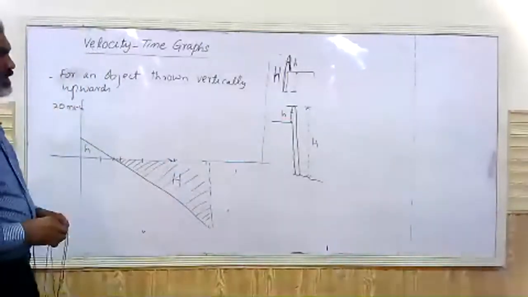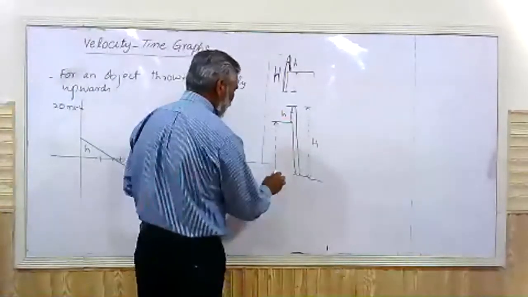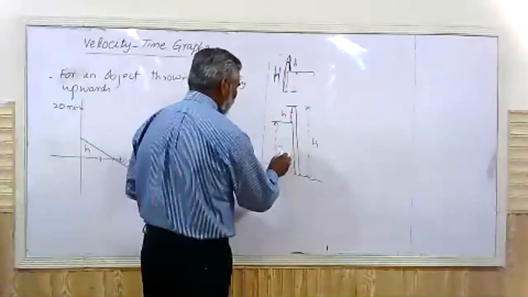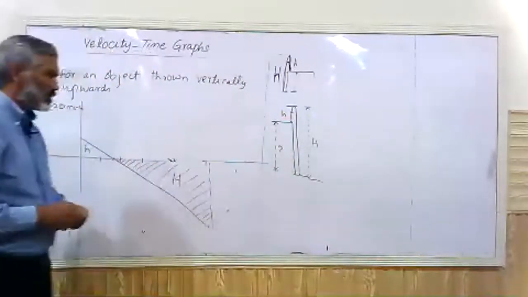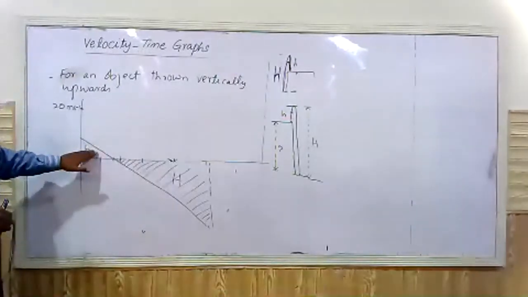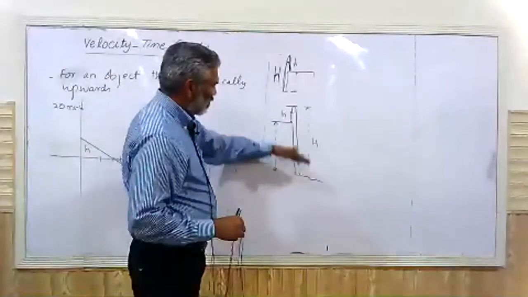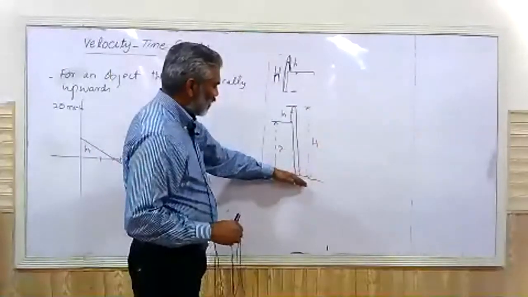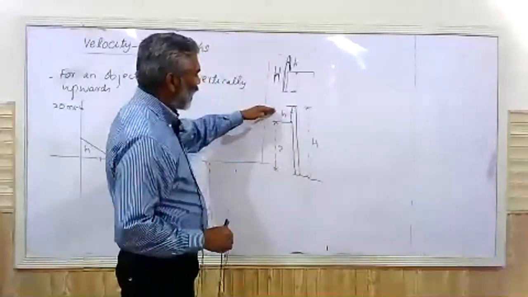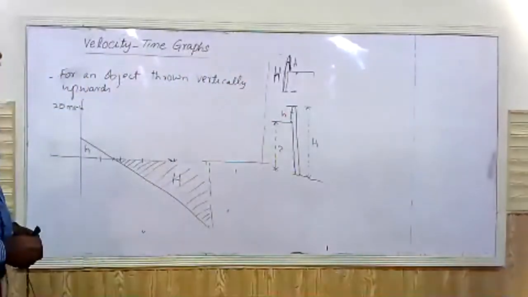So what is the height of the cliff now? What is the height of the cliff from which you have thrown the object? Obviously, it is this minus this now. So the total height through which the object has fallen minus the height to which it rose when it was thrown upward.